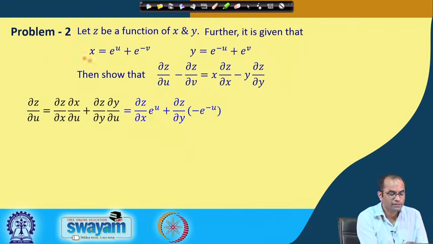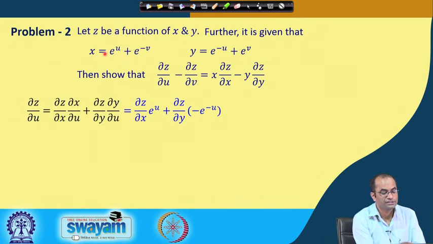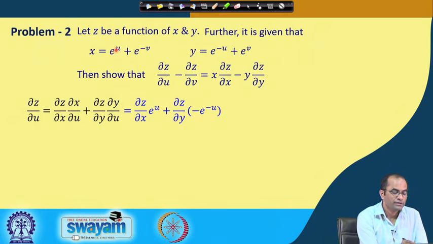So, if we take the partial derivative with respect to u, that means treating v as constant, so this term will be treated as constant. So, the partial derivative of x with respect to u will become simply e power u, which is written here, and then del z over del y and del y over del u.